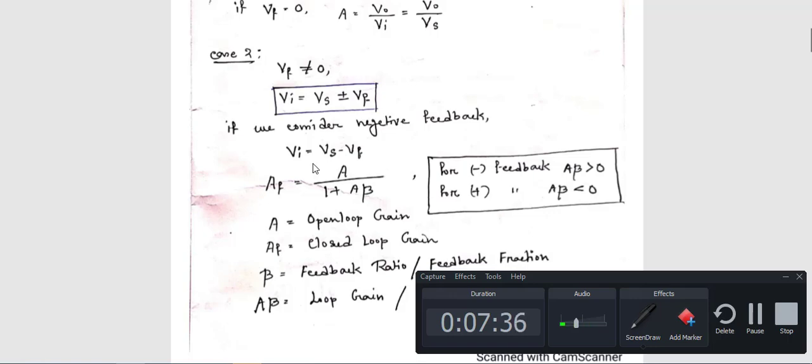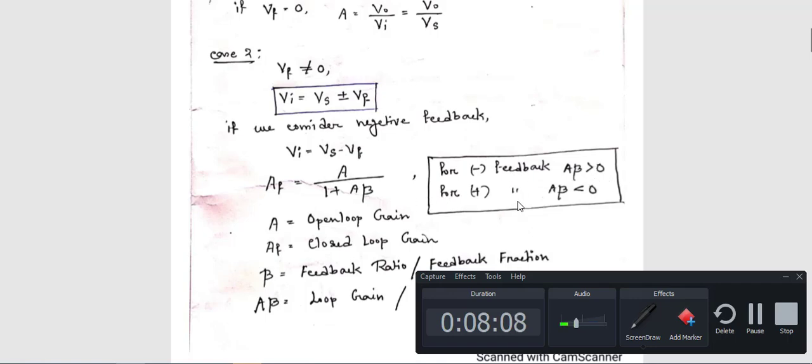Similarly, if A beta is minus 5, AF will be A by 1 minus 5, that is A by minus 4, so the overall gain becomes negative, which is not desirable. So in negative feedback, the closed loop gain AF must be positive, and A beta is greater than 0.